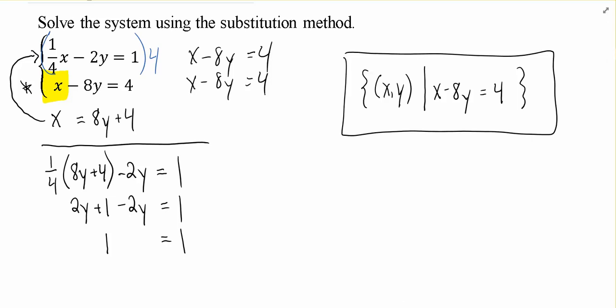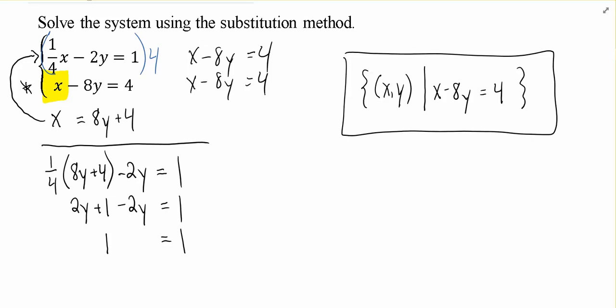But I want to make sure I show this example to point out algebraically what it's going to look like when we have an infinite number of solutions. So when you get down to one equation, one unknown, and you get something like 1 equals 1, 5 equals 5, 0 equals 0, something like that, that's going to tell you there's an infinite number of solutions. Now, it's really, really important that you had done the work prior to that correctly.